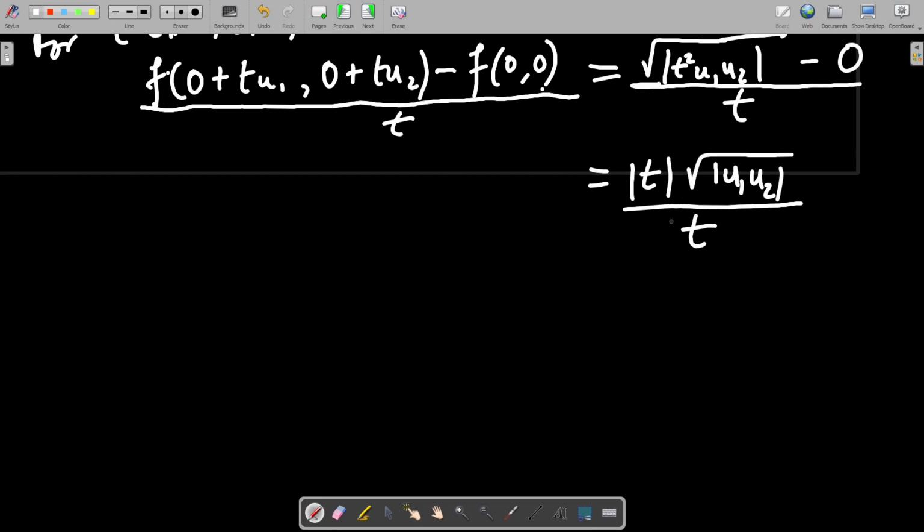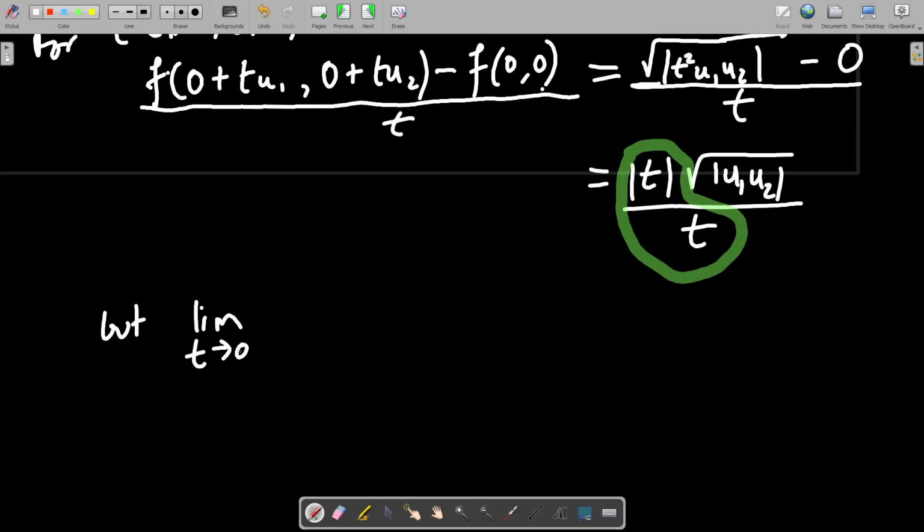Now try to recall what you have done in basic real analysis. u1 u2 is constant, so ignore this square root part. What we have to focus on is only the limit of this quantity as t tends to 0. What do you know about the limit of t tending to 0 of this quantity?